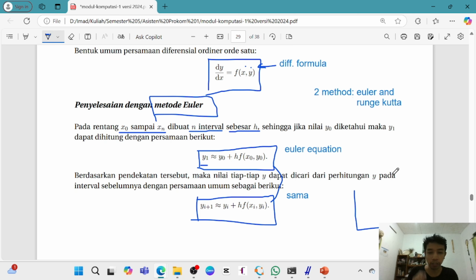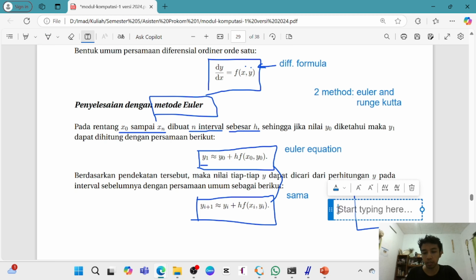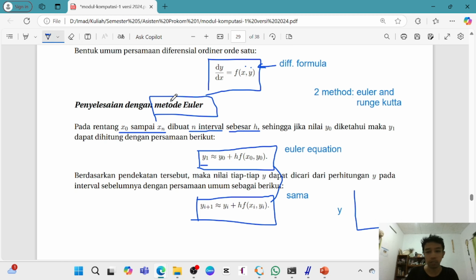By the way, in this module we also make a plot for the calculation. The plot is a basic plot, just the x and the y, like this. Then we have the function like this. Then we calculate the equation. We predict the equation.